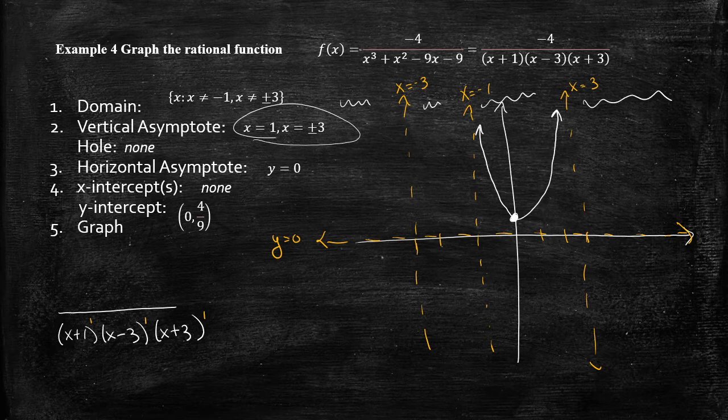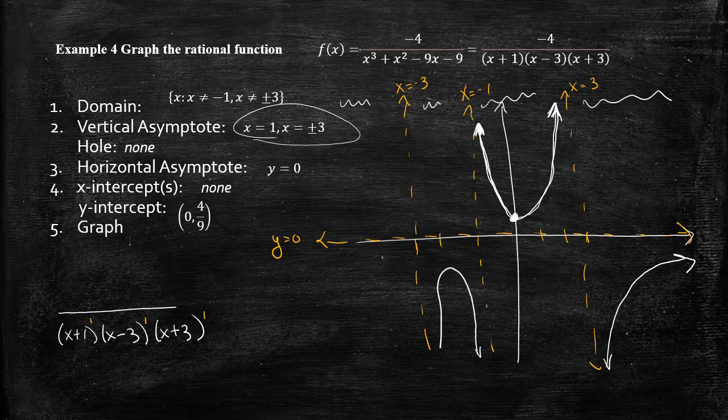Since the function is going up towards positive infinity on the left-hand side, the right-hand side must be down towards negative infinity. And then I'm going towards the x-axis because that is also my horizontal asymptote. Good. So now at x equal to -1, on the left-hand side I'm already up at positive infinity. That means on the other side of -1, I must be down at negative infinity.